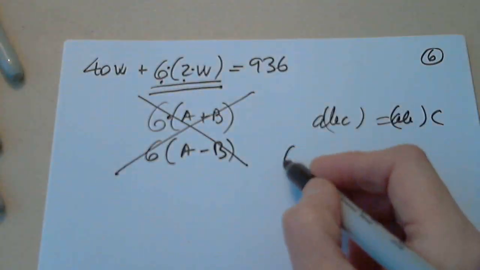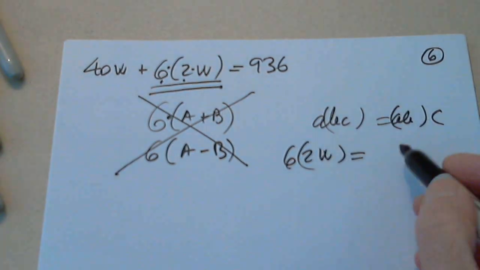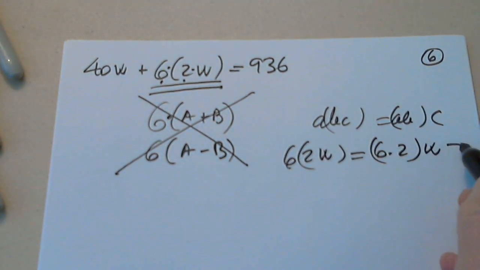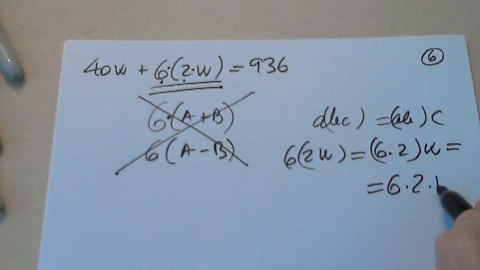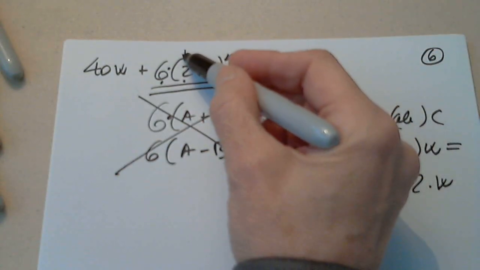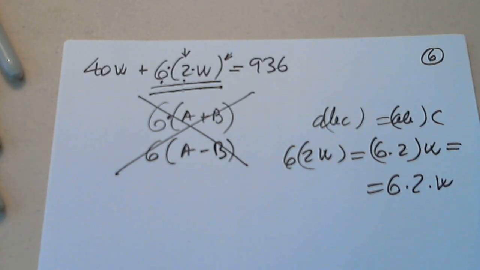Because this 6 times 2w is the same with 6 times 2 times w. They intentionally put in the grouping symbol to trip us. That's exactly what they put it in. There is no need, but they put it in.